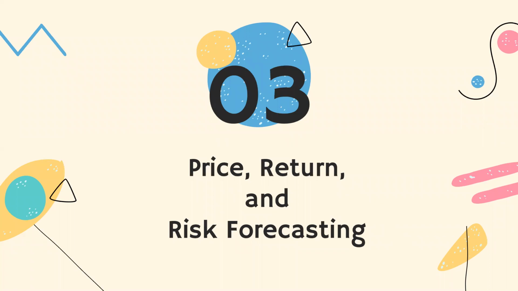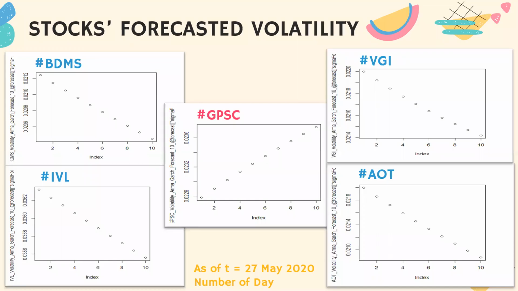Okay, so the last part is the price, return, and risk forecasting. First, for this slide, this is the stock forecasted volatility as of T, which is 27 May 2020.